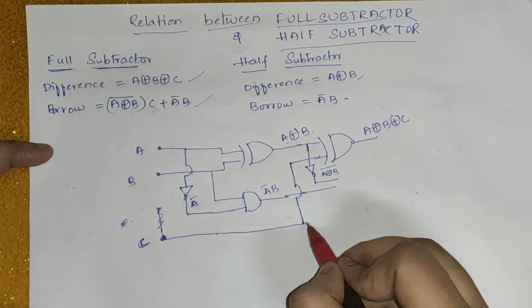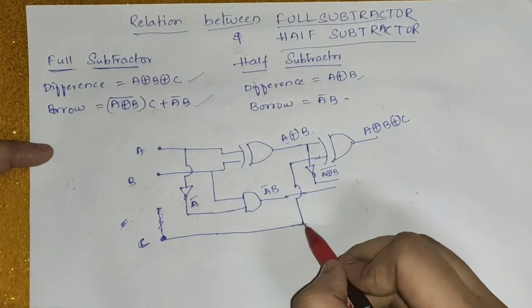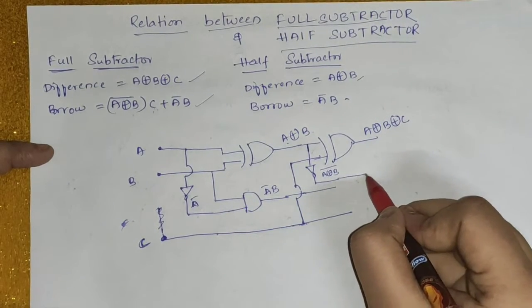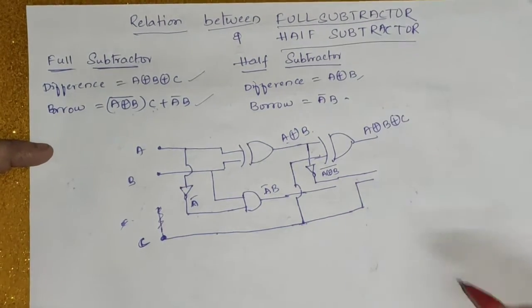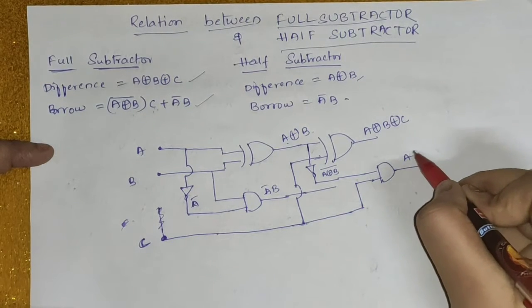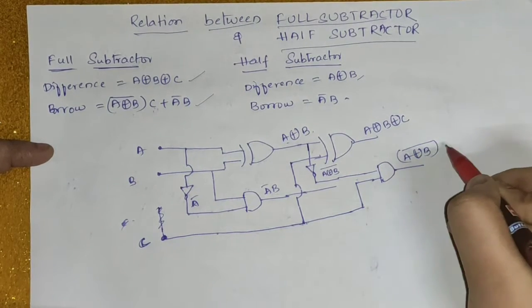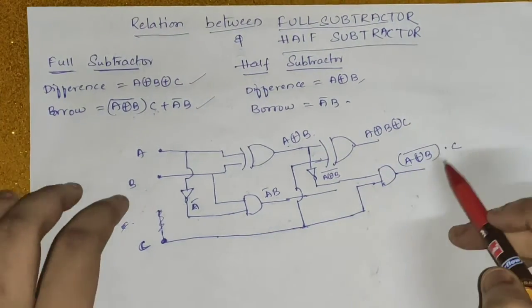By using this c, we can construct the AND logic. We will get a XOR b whole bar dot c. Okay, we got this expression.